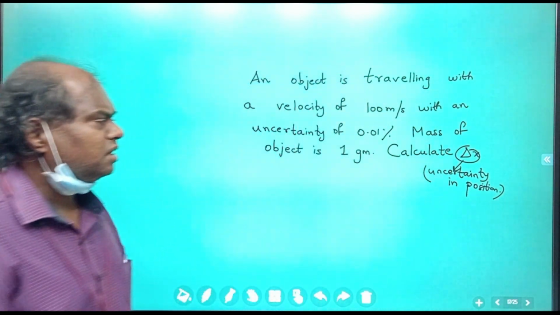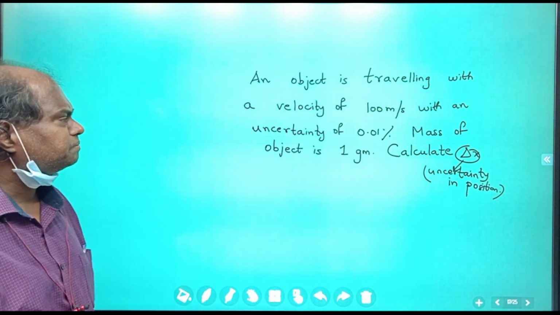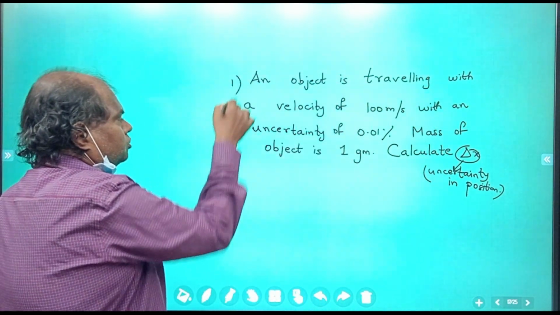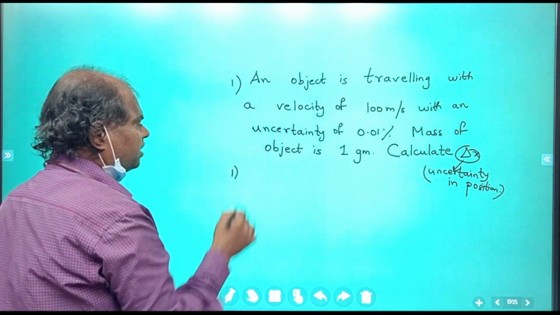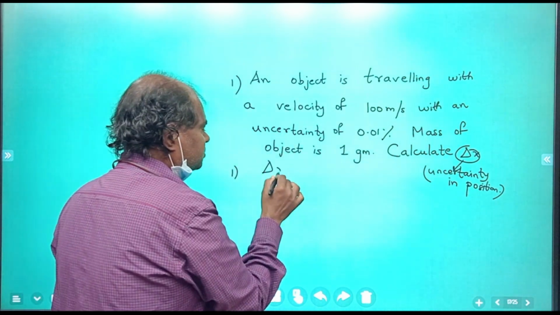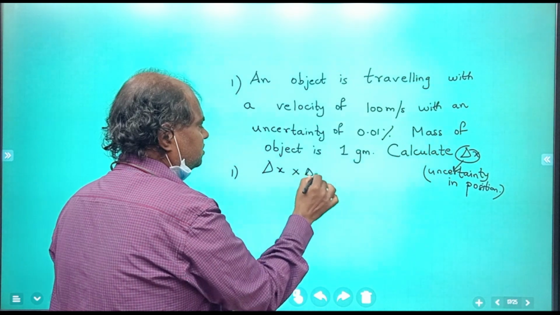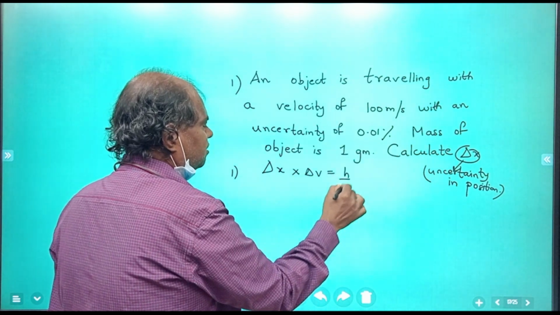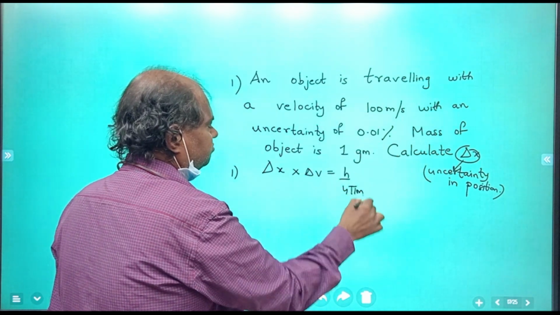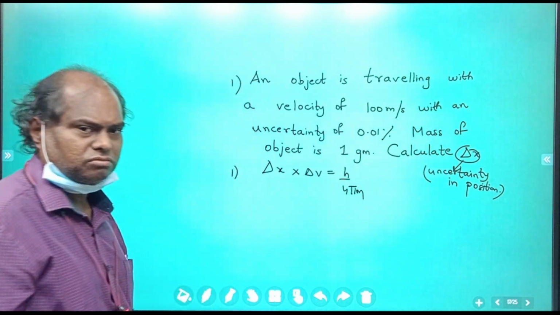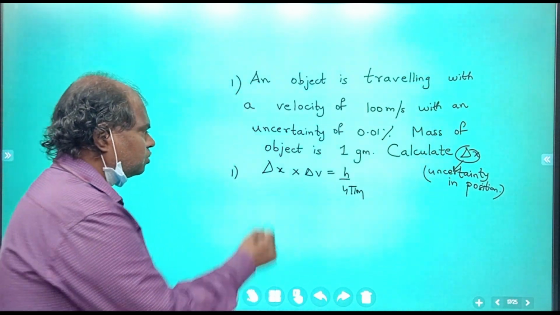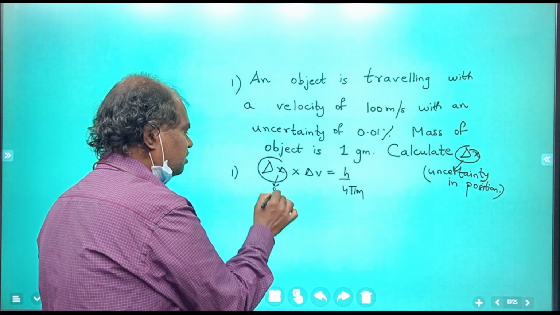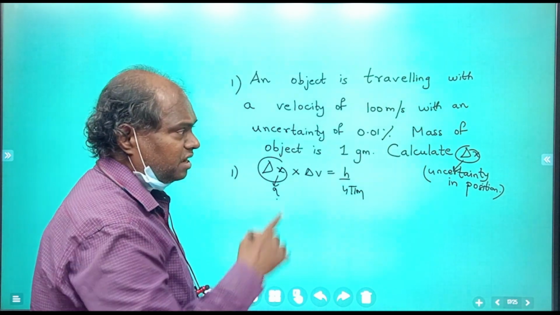Whenever you do a question, first you write the formula. So what is the formula? Delta x into delta v is equal to h by 4 pi m. We'll use the equal to sign. So now you want to calculate this, delta x you have to calculate.